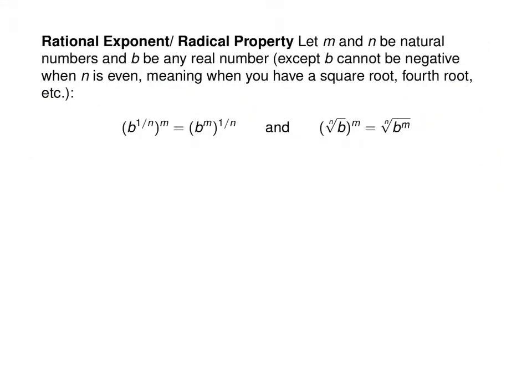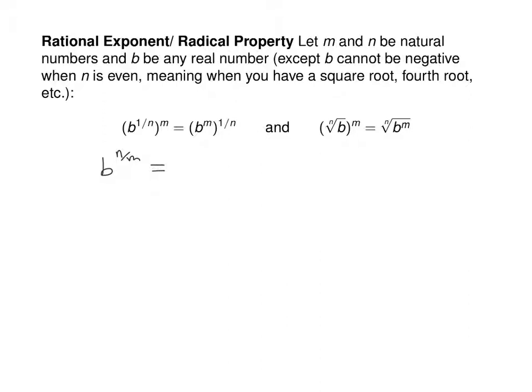Now, the other rule that we're going to use has to do with when you have a power that is not 1 over a number, that it's like 5 over a number or 10 over a number. So there's both a number other than 1 in the numerator and a number other than 1 in the denominator. And the general rule of thumb is that if you have b to the n over m, the number in your numerator is the regular whole number power.